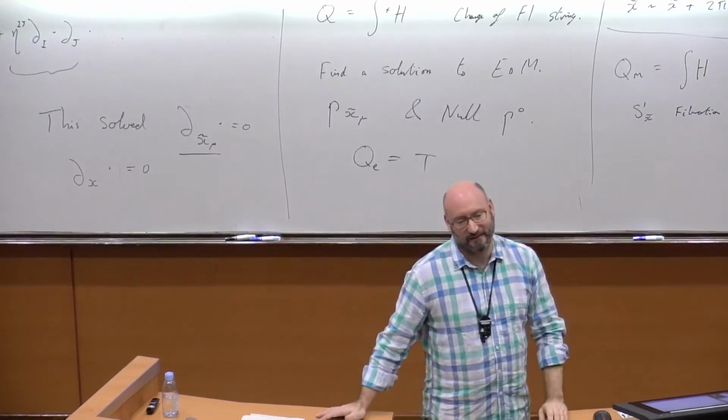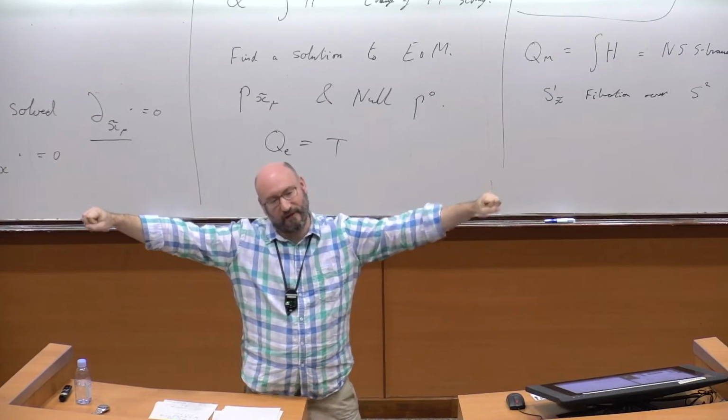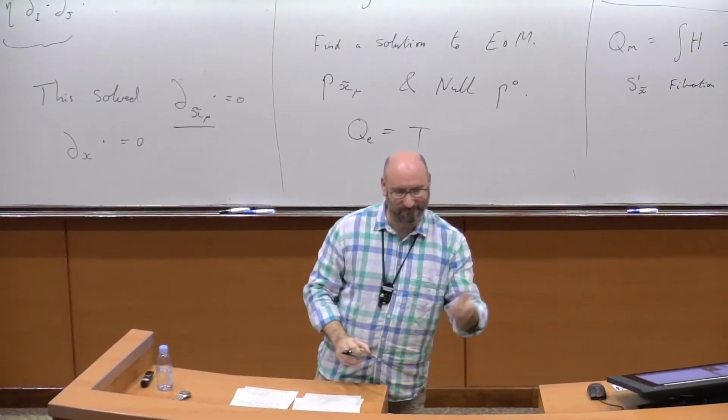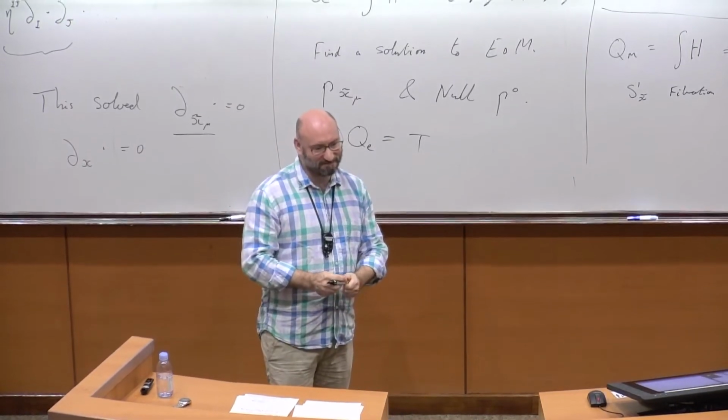Because they're closed strings. So your BPS one is infinitely stretched, with oscillations on that. Yeah. That would close the lines. So how do they fit in here? Don't know.